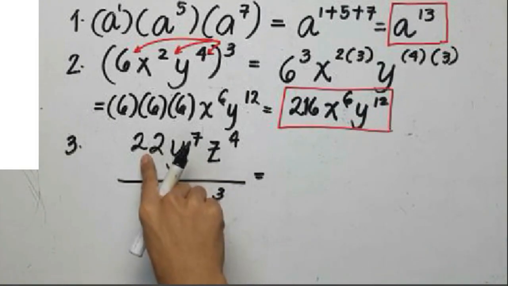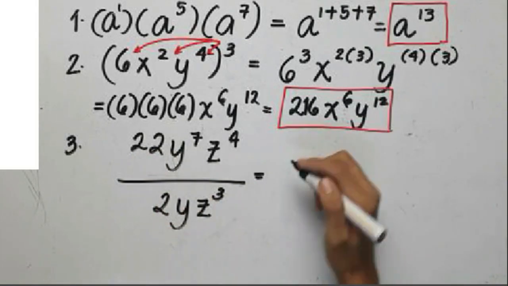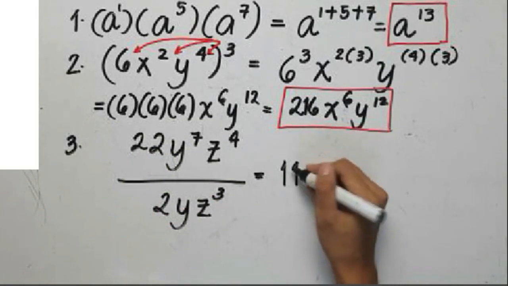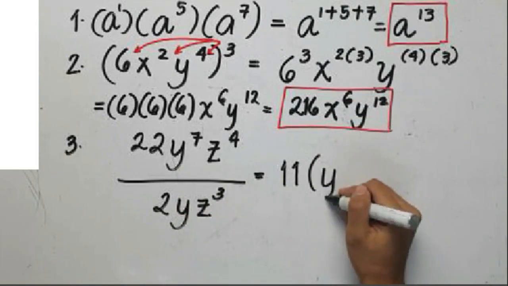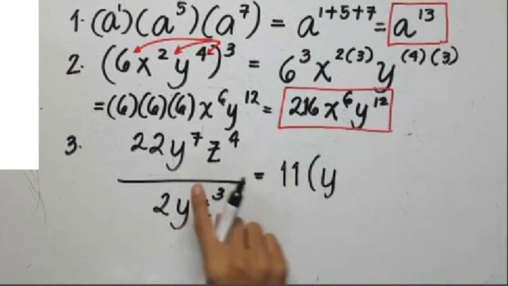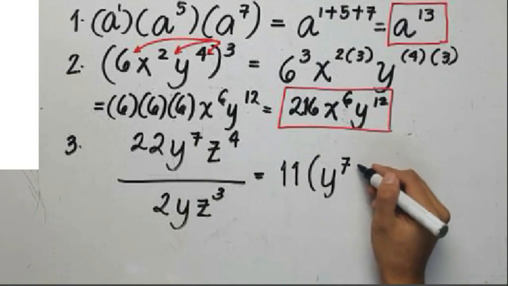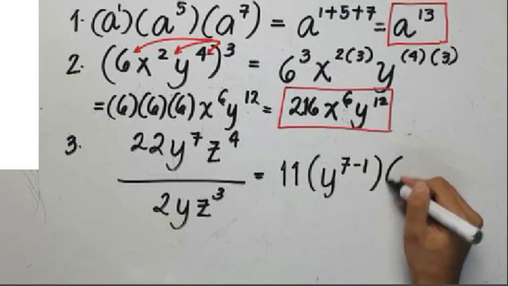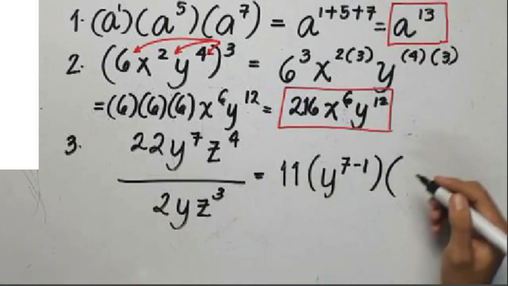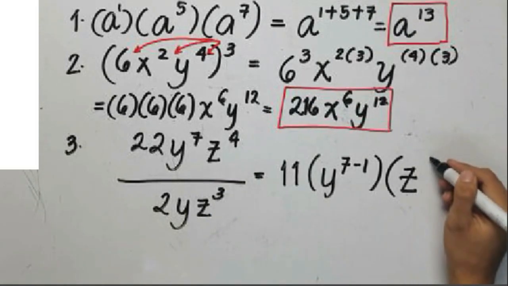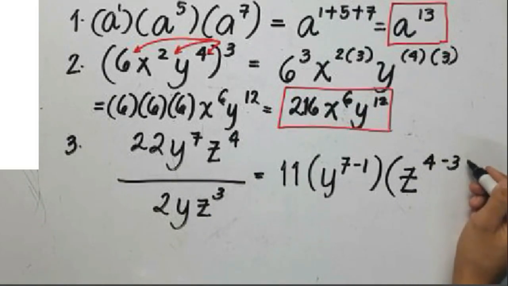So we have 22, isa-isahin natin, 22 divided by 2 is 11. So meron tayong y, same na term sila. So 7 minus 1, may invisible na 1 dyan, times z raised to 4 divided by z raised to 3 is equal to z raised to 4 minus 3.